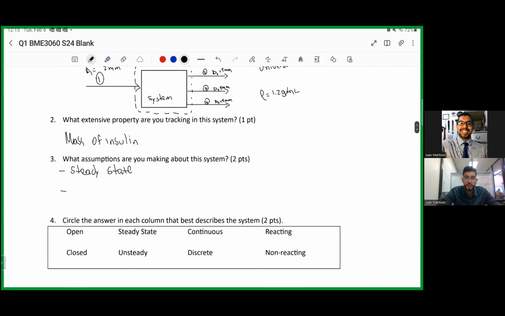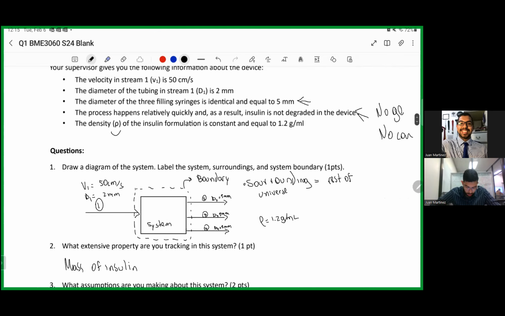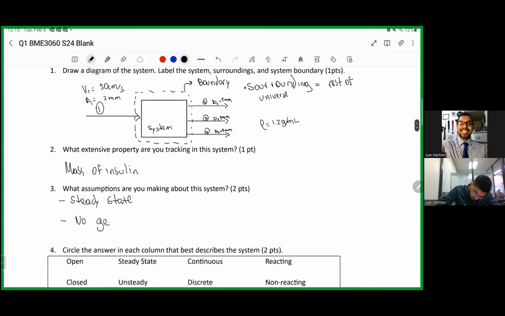Another way to say that could be no reaction, but no generation or consumption is okay because it's actually stated in the problem. I don't want to write it incorrectly. I sometimes do that a lot in my notes when I'm doing it quickly.